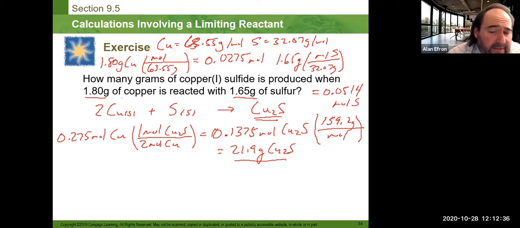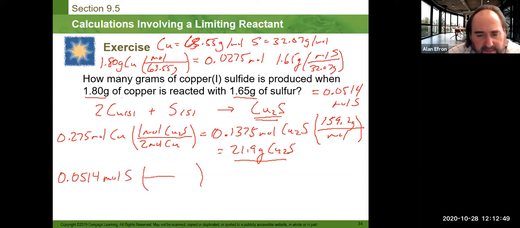To figure out which one's the limiting reagent, we're going to do the exact same calculation, except that we're going to start with our sulfur in this case. We want to make sure we use the relationship between sulfur and our product, and in this case, it is a 1-to-1 relationship from the balanced equation.